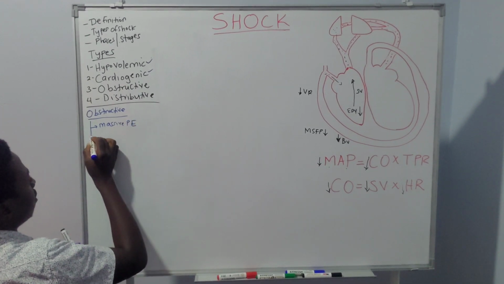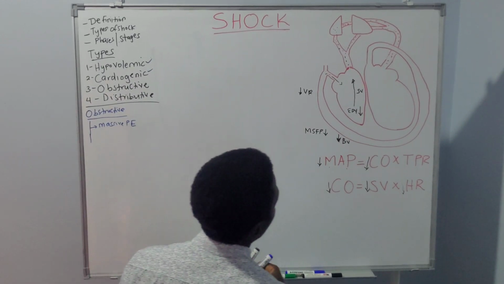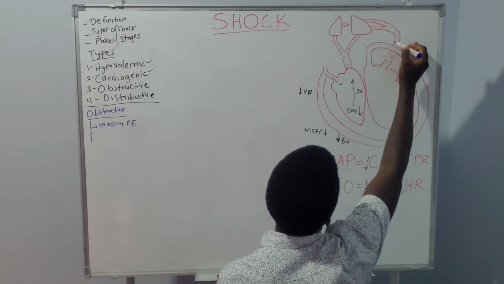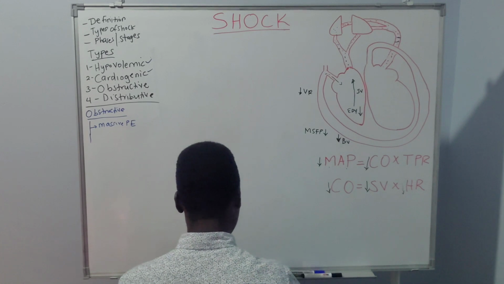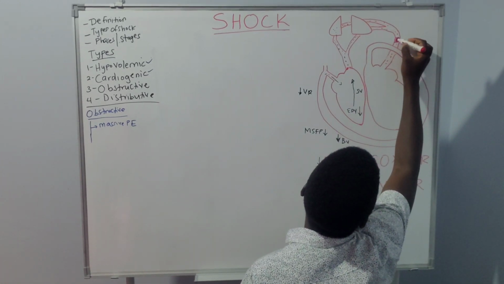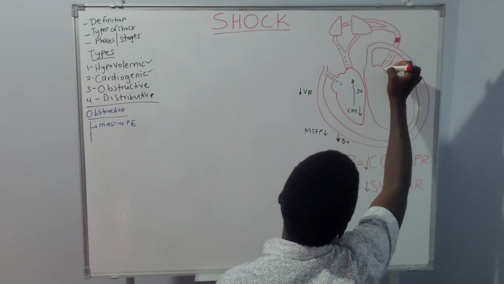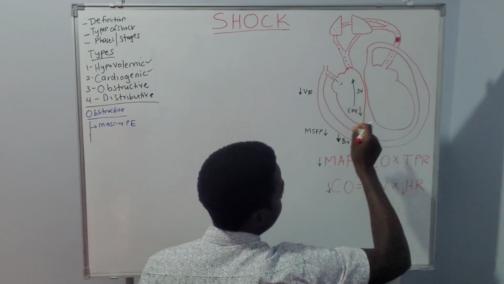What happens when you have a massive pulmonary embolism? If I have a big embolism that is dislodged and maybe blocks here, I block my venous return. The blood returning to the heart has a blockage in this return of blood to the heart.